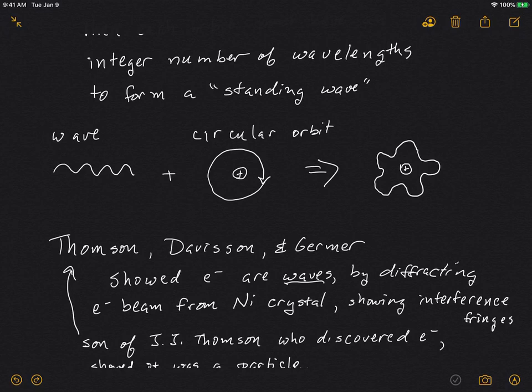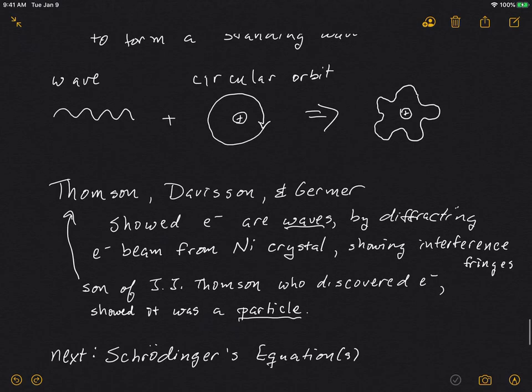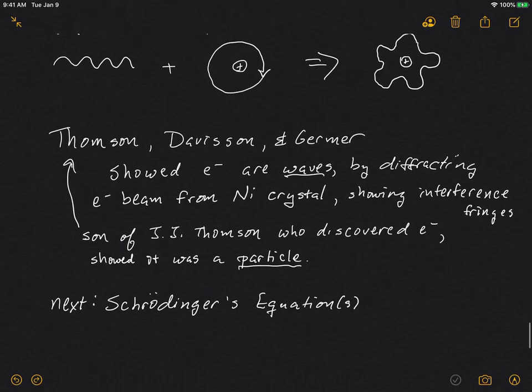So it was a challenging experiment, and it was done by this trio. Thomson of that trio was the son of J.J. Thomson, who was involved in the photoelectric effect and who, through that and other experiments, showed that electrons were particles. Then his son showed that electrons are waves. So it's kind of an interesting little symmetry there.